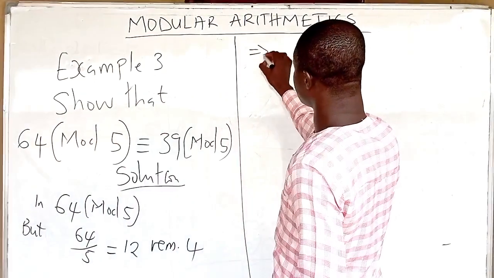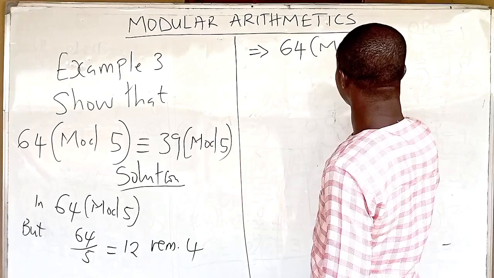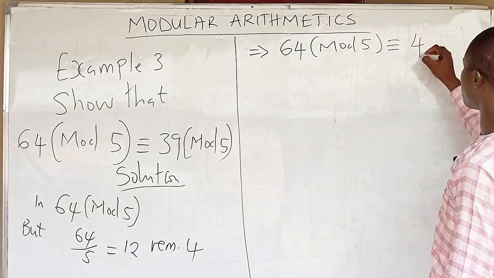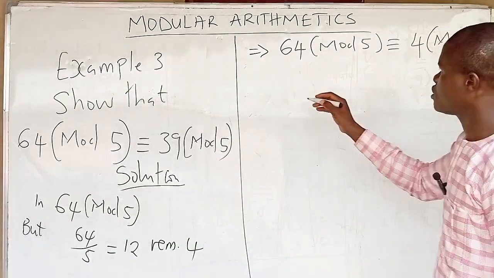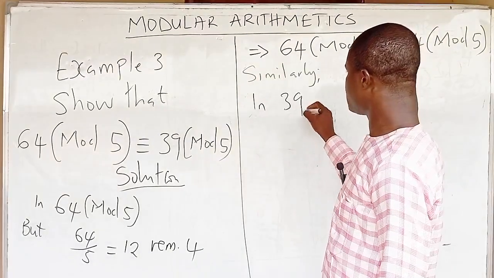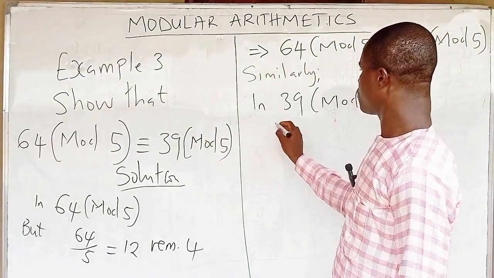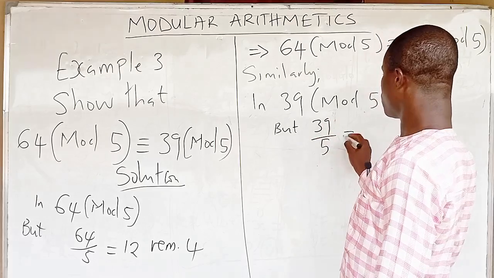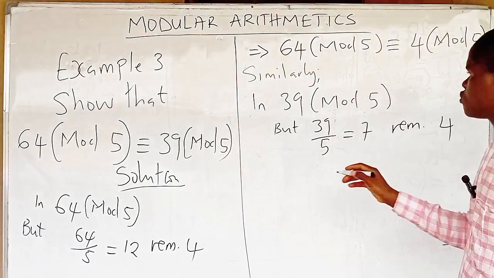So this implies that 64 mod 5 is equivalent to 4 mod 5. Similarly, in 39 mod 5, 39 divided by 5 will give us 7, remainder 4.